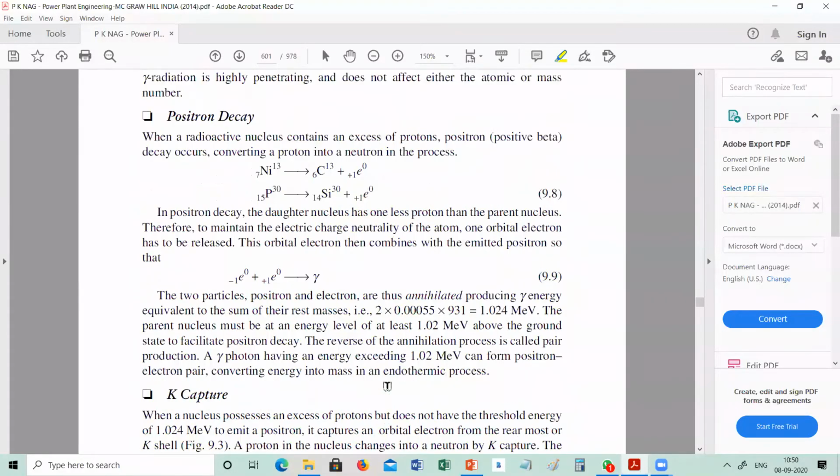During positron decay, a positron is emitted by the nucleus. If we consider the electron as matter, then the positron can be termed antimatter.